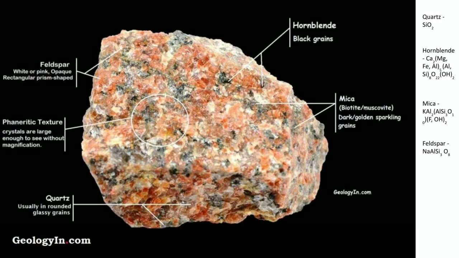Back to what we were looking at yesterday. This is, or not yesterday, but Monday. Here we have a good sign that this rock came from magma. This is an intrusive igneous rock. The fact that we can pick out individual minerals means that this cooled very, very slowly, and that means that it had to have come from magma.